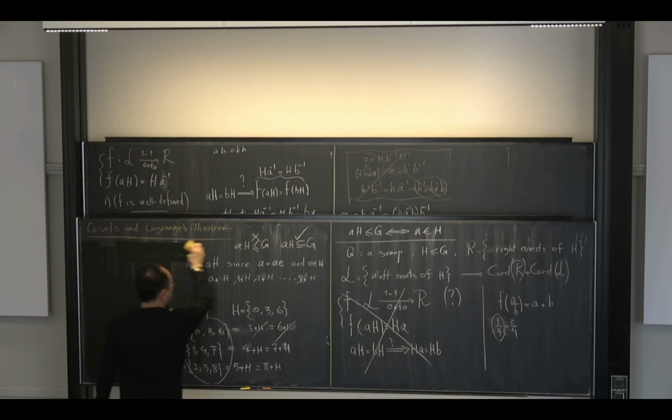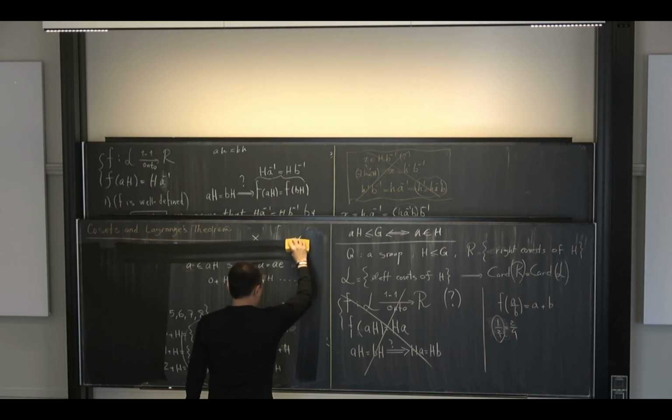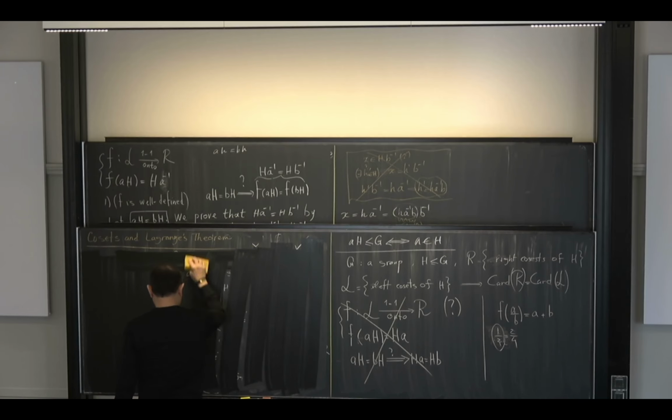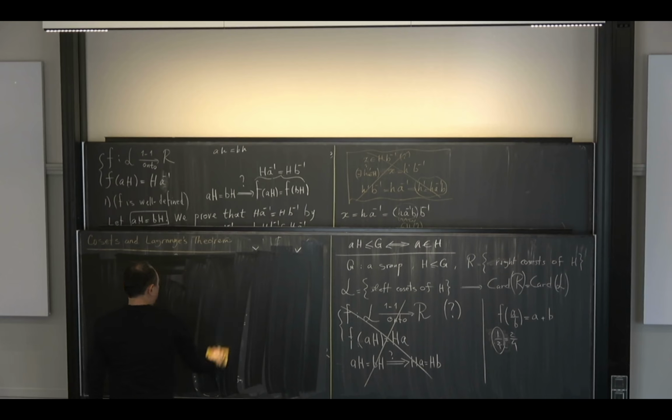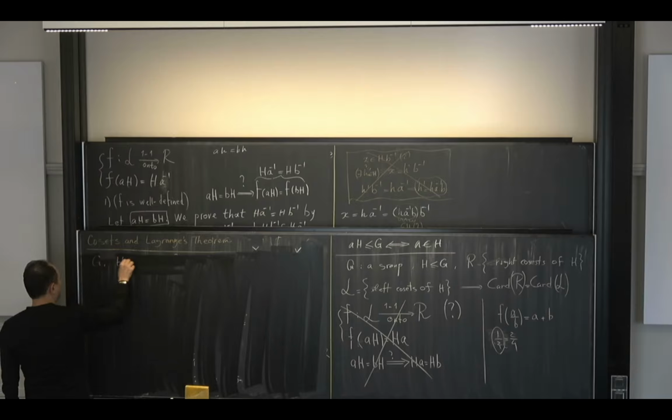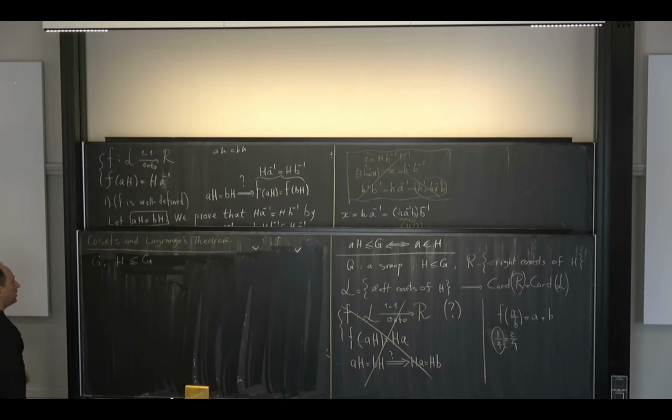So let us do this together. So you see, if you give me a group and a subgroup, I can always construct an equivalence relation on my group using the subgroup.